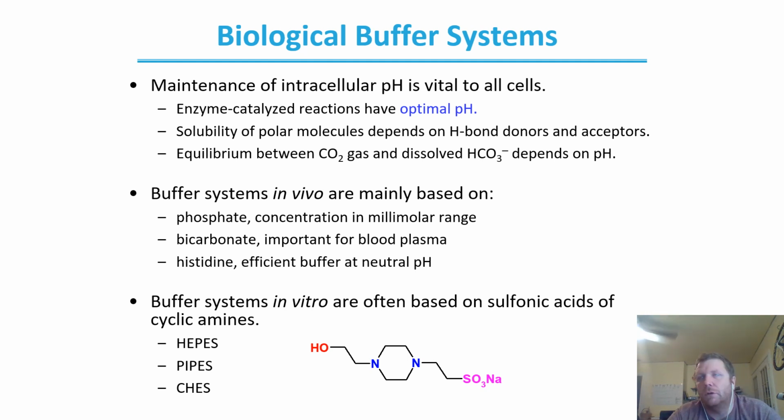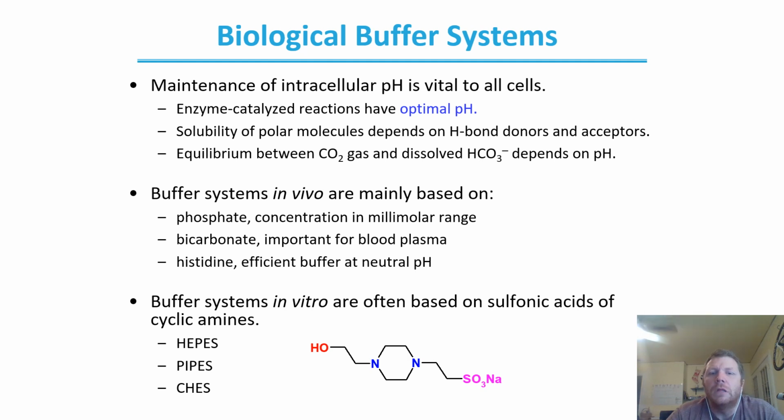So, respiration depends on the pH. Buffer systems in vivo are mainly based on phosphate concentration in the millimolar range, bicarbonate and histidine. So those three players, phosphate, bicarbonate, and histidine, all have an impact on an in vivo buffered system.